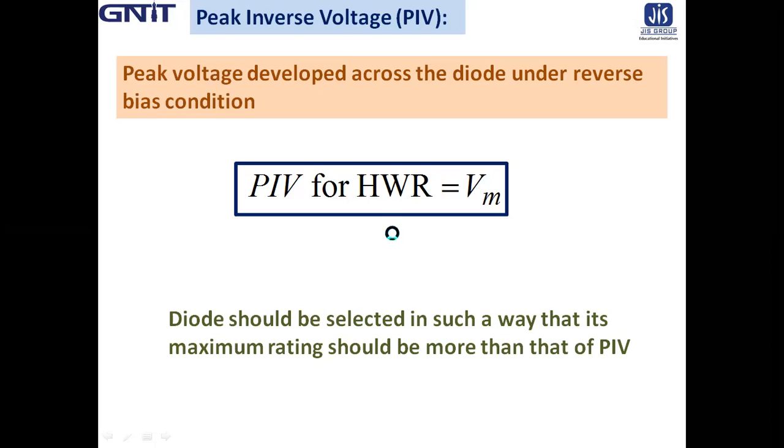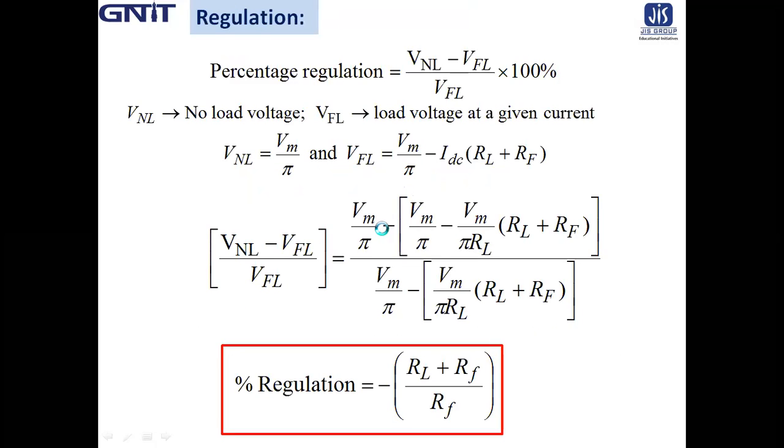The diode should be selected in such a way that its maximum rating should be more than that of PIV. Otherwise, the diode would break down and may be totally damaged. Thus, the maximum rating of a diode used in a rectifier circuit is given by its PIV. Clear? Okay.